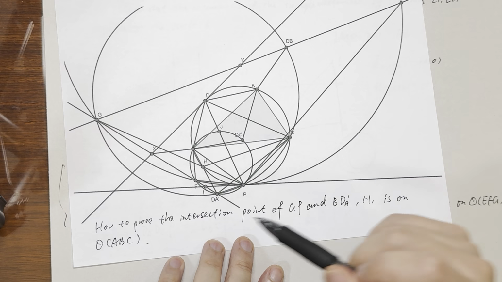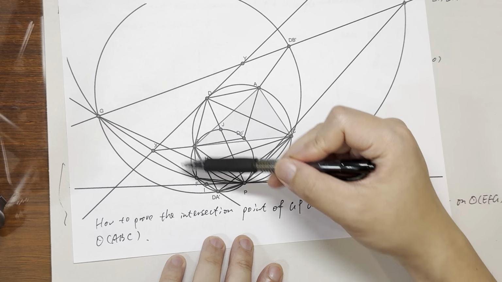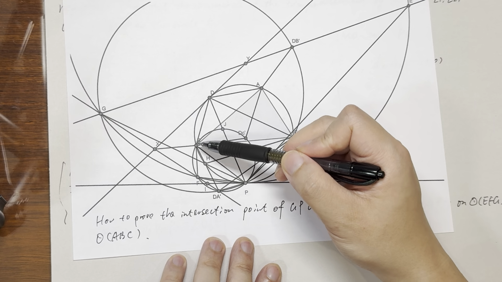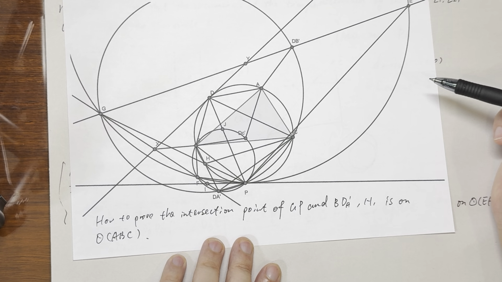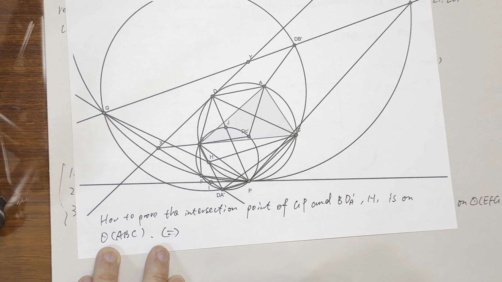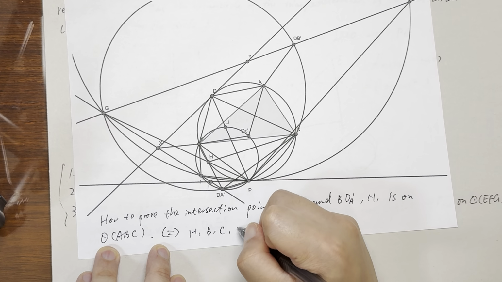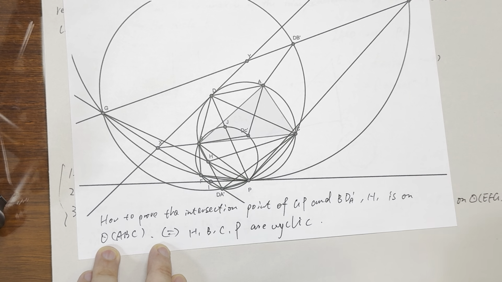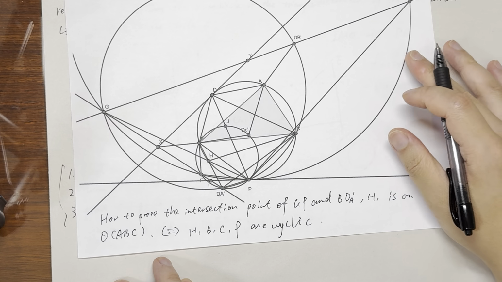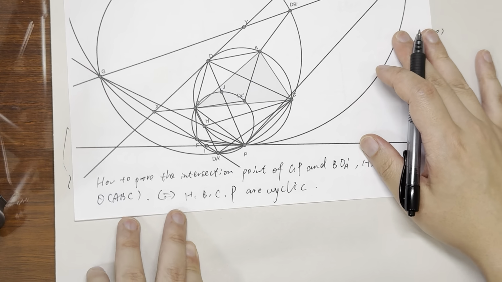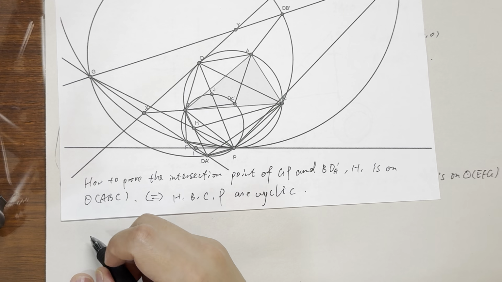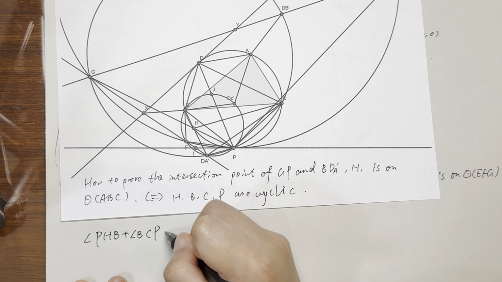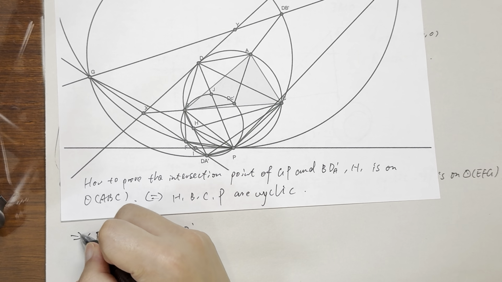So if we want to prove that this H is on the circumcircle of the triangle ABC, basically we just need to prove that H, B, C, P are cyclic, right? We just need to prove that. Which means we want to prove that angle PHB plus angle BCP equals 180 degrees. That's what we want to prove.